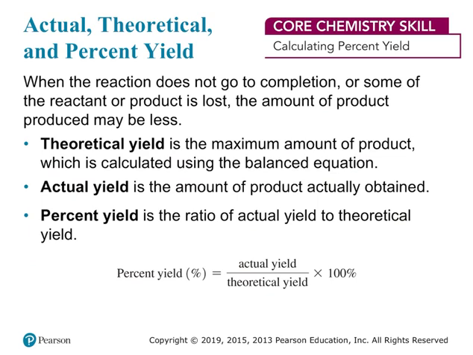Or maybe you didn't provide enough heat for the reaction to complete. So when a reaction does not go to completion, or if some of the reactant or product is lost, the actual amount of product that you produce might be less than what you would calculate.